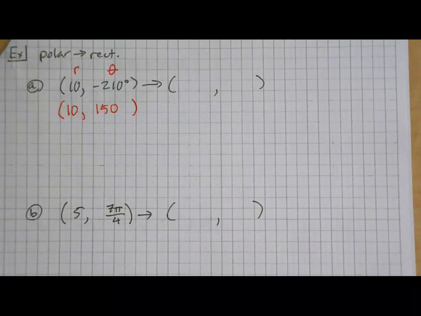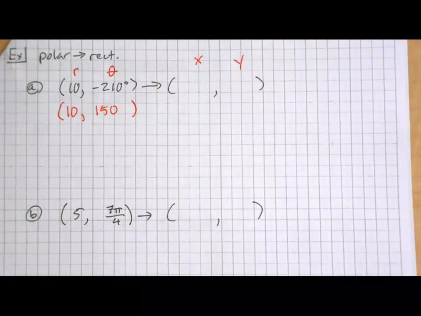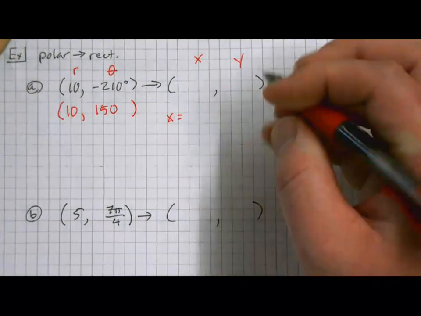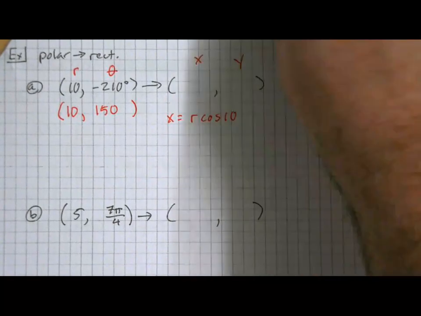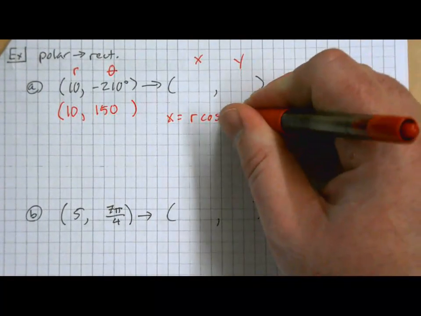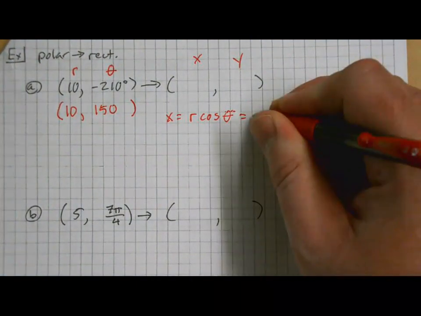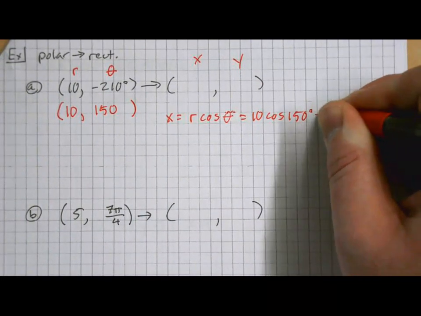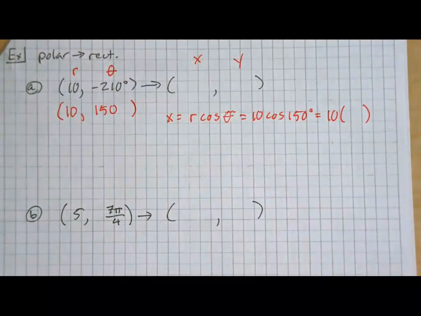So how do we find the x and the y coordinates? Well, my x is going to be r cosine theta. I don't know why I wrote 10. R cosine theta, which is 10 times the cosine of 150, which is 10 times, what is the cosine of 150?